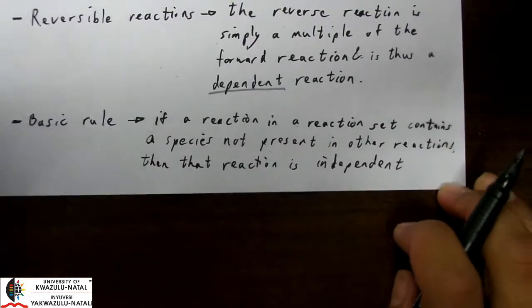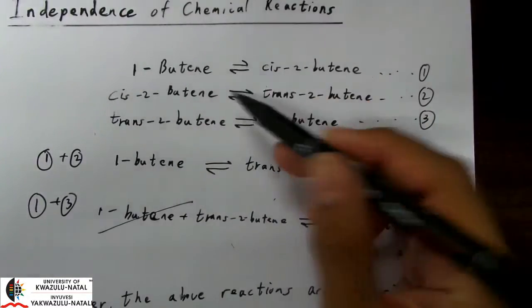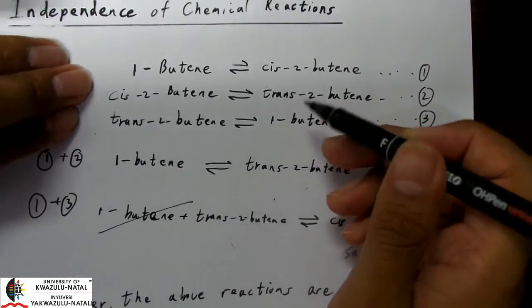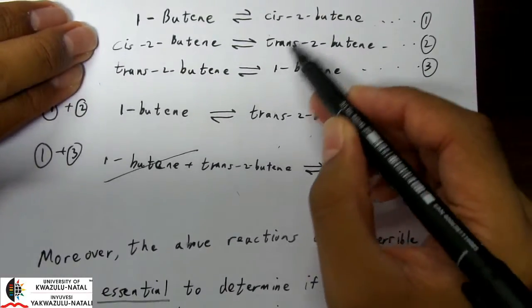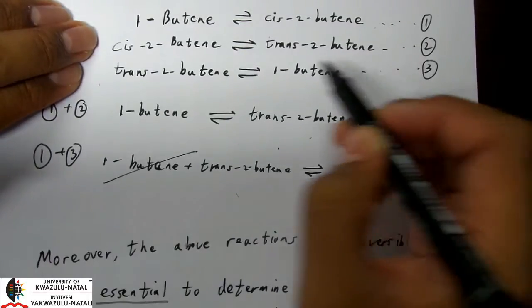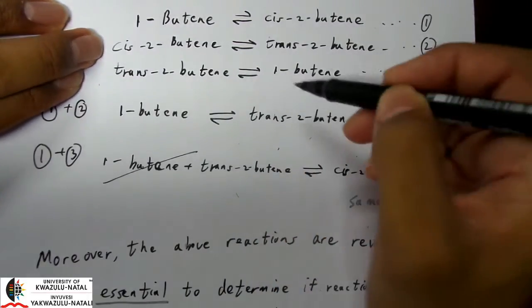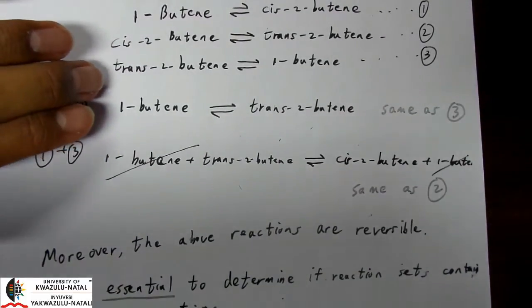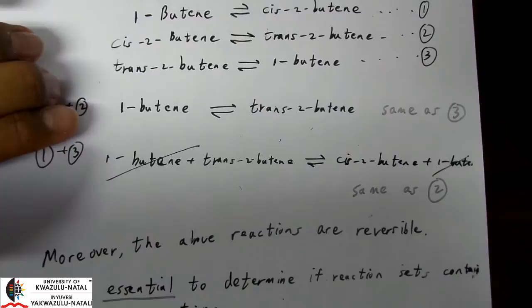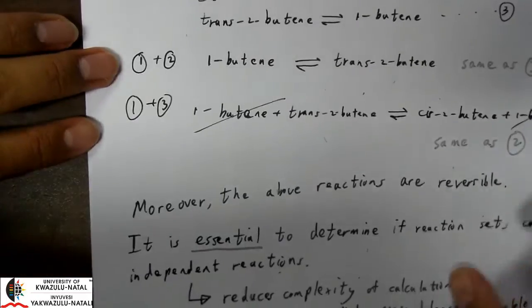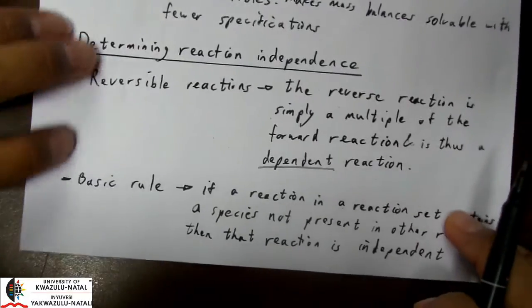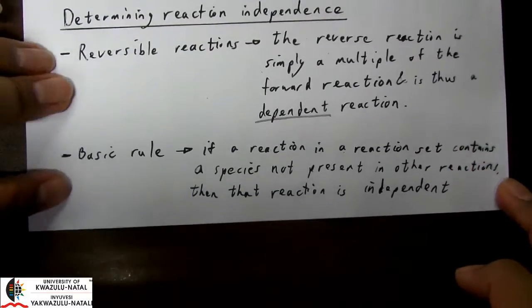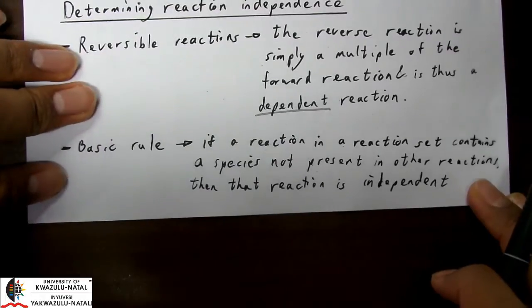Okay, so in other words, if I have, let's say for example, three reactions occurring in a reaction set, and if I have a single species that occurs in one reaction that doesn't occur at all in any of the other reactions, then that will tell me that that reaction is independent. Okay, and that species can be a product or a reactant as long as it is unique to a certain reaction. That will make the reaction independent.